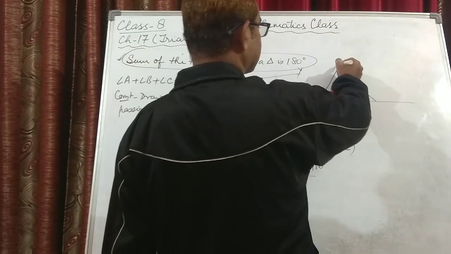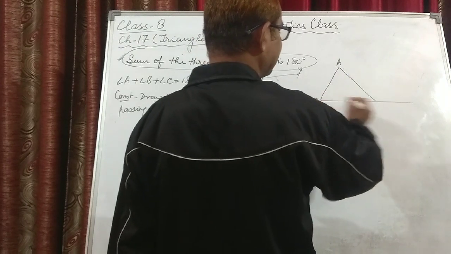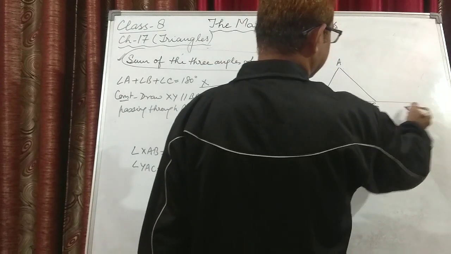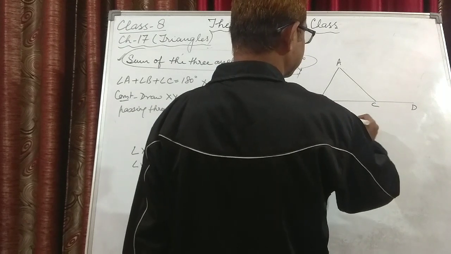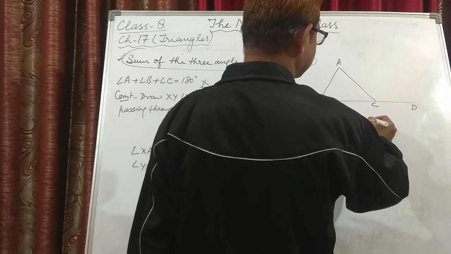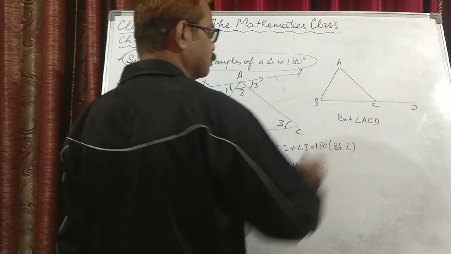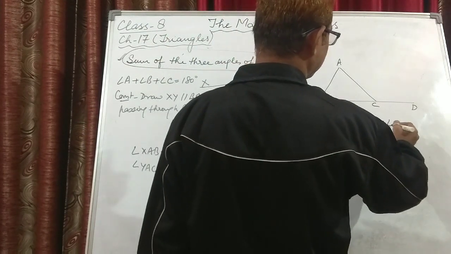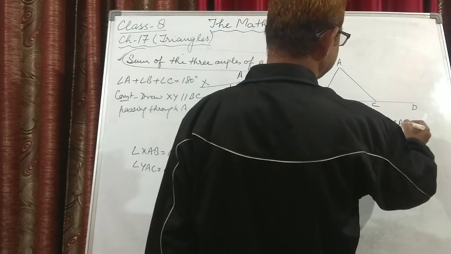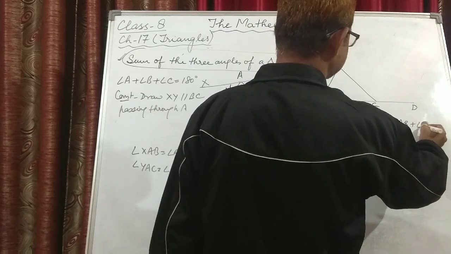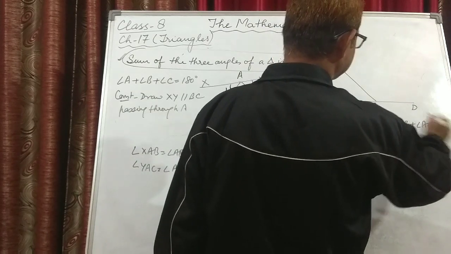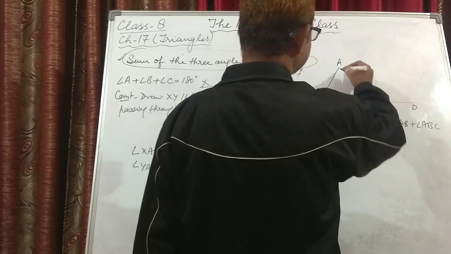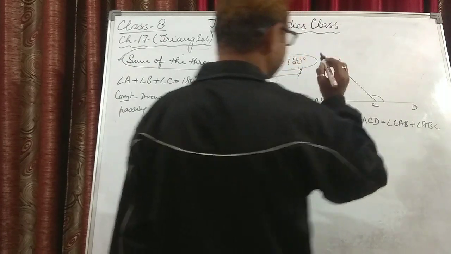I am just showing it. A, B, C, D. Exterior angle is ACD, and we have to prove that angle ACD is equal to angle CAB plus angle ABC, means this angle is equal to this angle plus this angle.